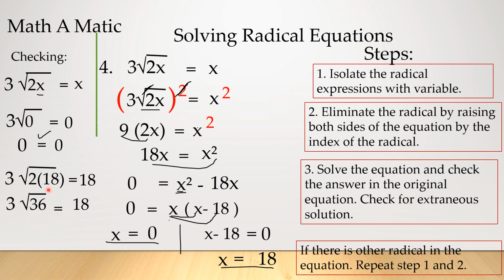So we have square root of 36 is equal to 18. Again, copy 3. What is the square root of 36? That is 6. So 3 times 6 is equal to 18. And 18 is equal to 18, which is correct. Which means that we have two values of x. We have 0 and 18.